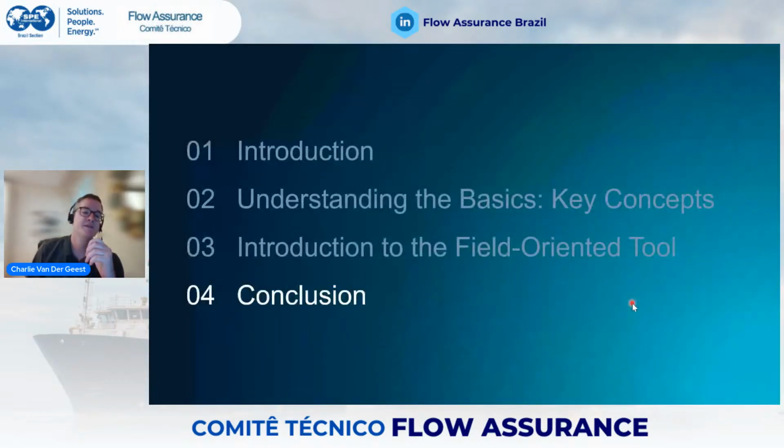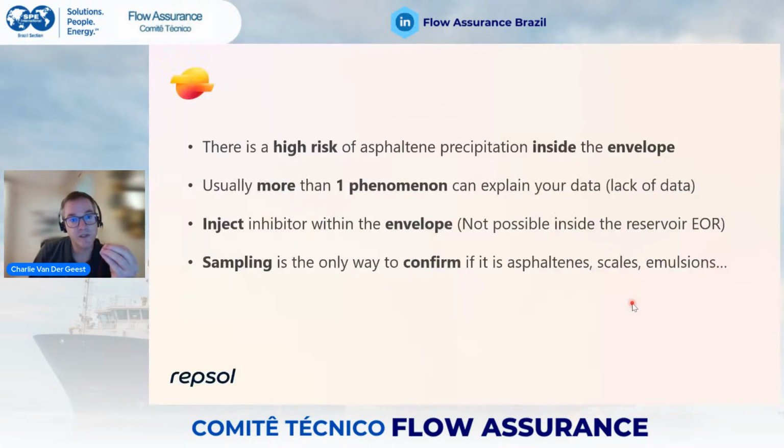So I'm getting to my conclusions here. I hope it's clear what this tool does and how we approach the problems. And just a few comments: once you are inside the envelope, there is a really high risk that asphaltenes will precipitate. Again, this is a transient phenomenon, and our model is an equilibrium model, because it has to run fast and for that kind of reason.